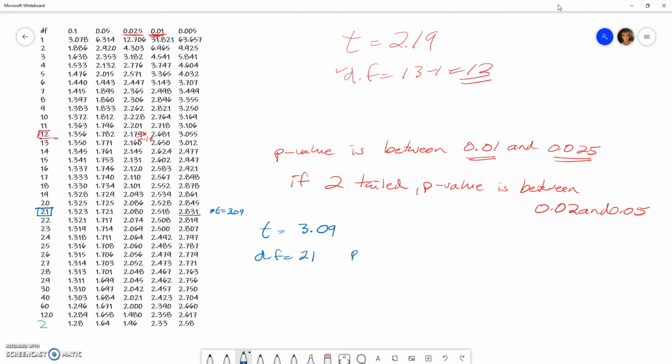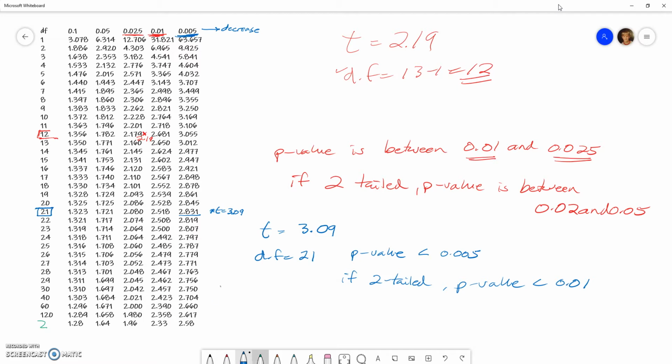So basically the p-value in this case is going to be less than 0.005. It's less than because here's 0.005 for the last column, and those top values decrease going this way. So if two-tailed, the p-value is less than 0.01, just basically doubling 0.005.